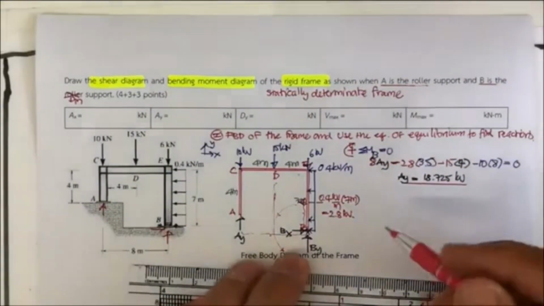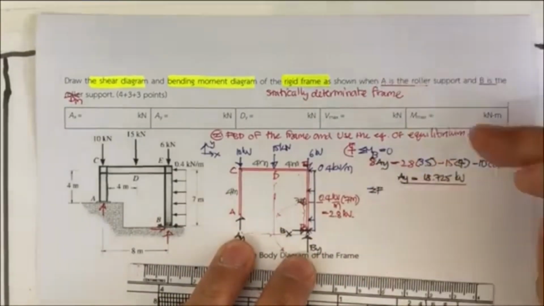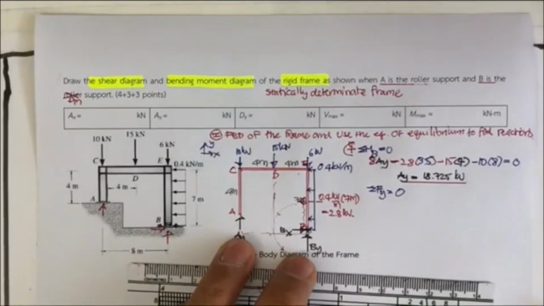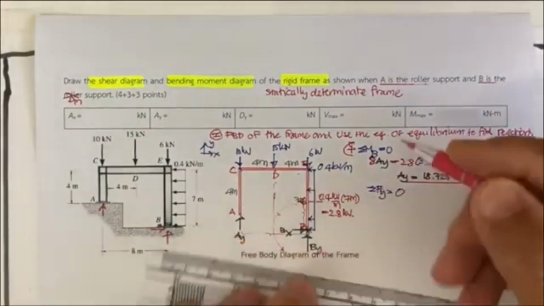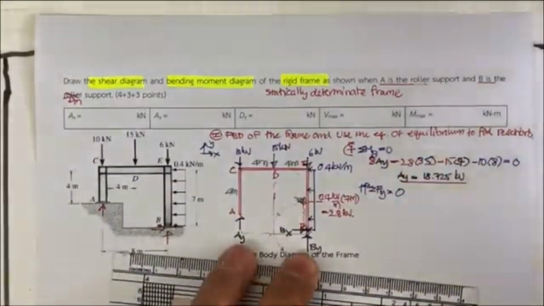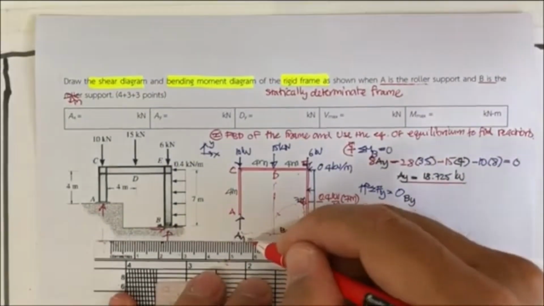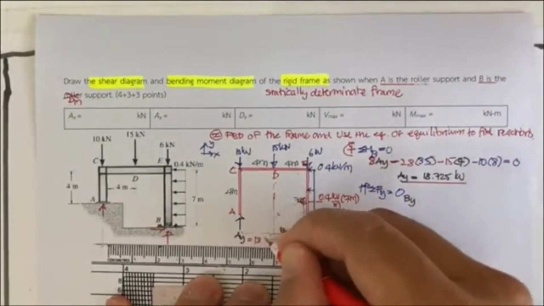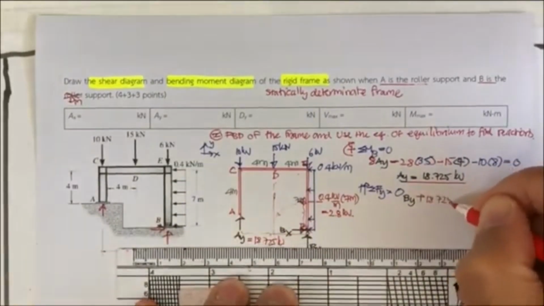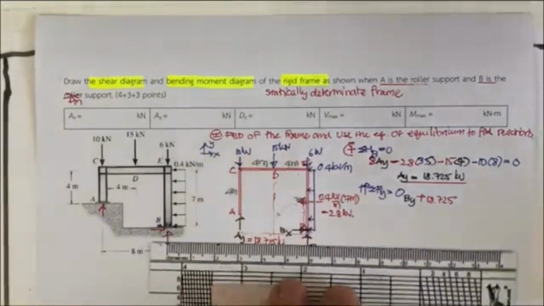And then we go further. We have the A sub Y already. Summation of F sub Y equal to 0. The vertical direction is going to be positive. Then we have the B sub Y plus the A sub Y, which is 18.725 kilonewton, and then we have 6, 15, and 10 downward.